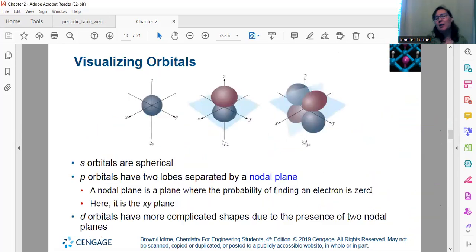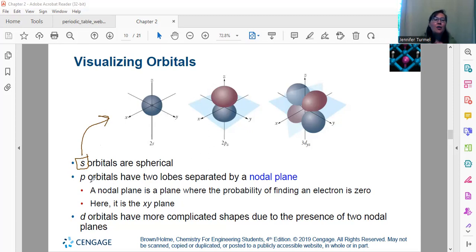All right, now let's take a look at what these orbitals look like. Here we only go through a little bit. You have what is called a 3-dimensional coordinate plane here, x, y, and z, and you can see that your s orbitals right here are spherical, which is the easiest one to draw.